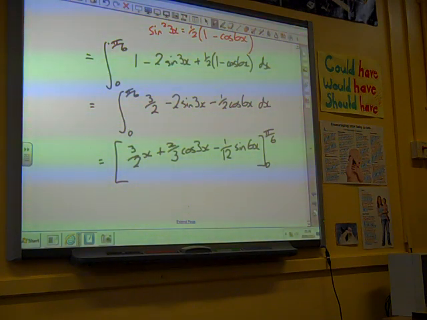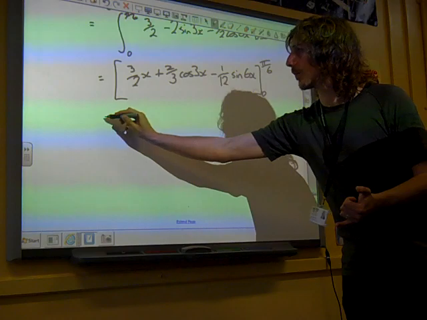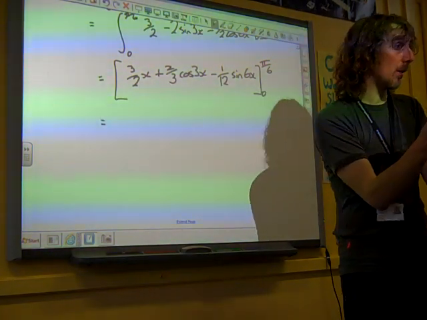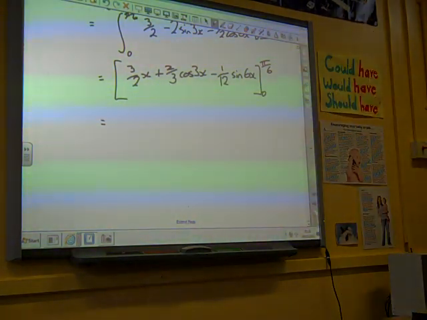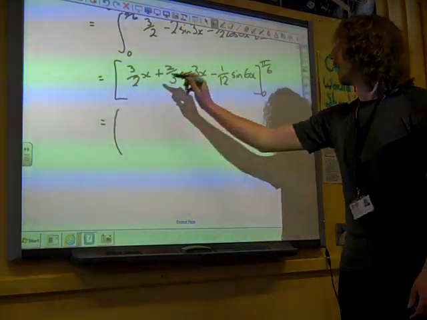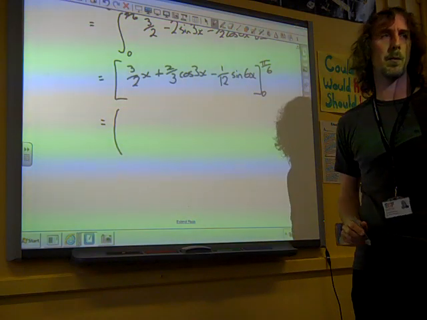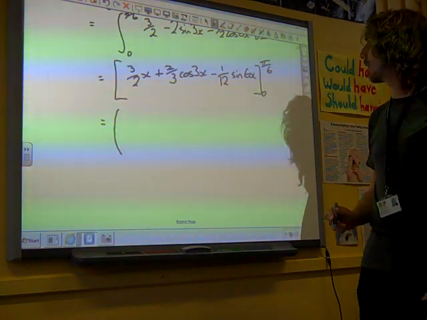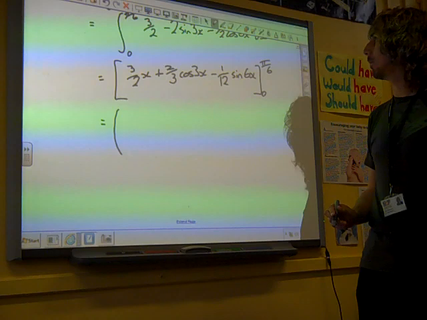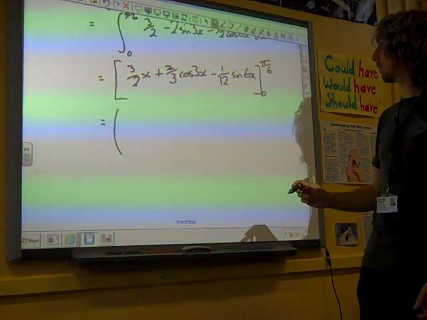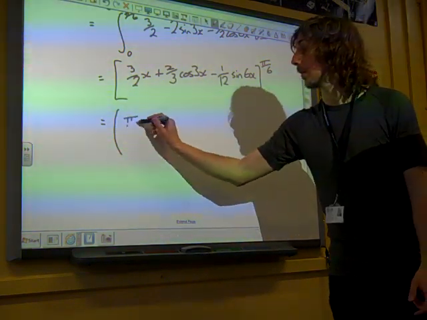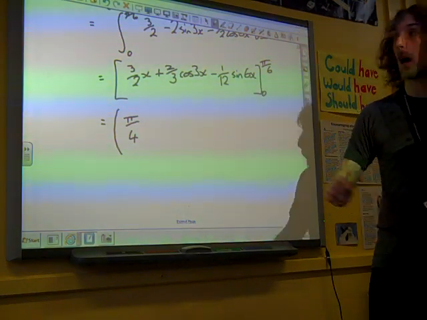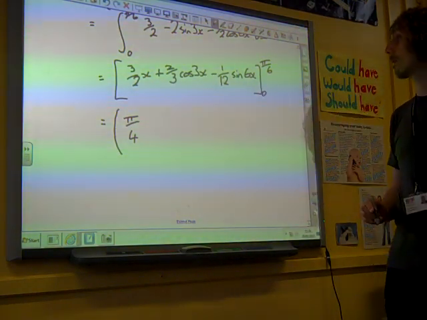Now we're ready to throw some limits into this. We're going to put the pi by 6 in first. Now hang on, you've got calculators, and most of your calculators can be quite happy to deal with the fractions that go in here. So just go straight for it. 3 over 2 times pi by 6, that's pi by 4.